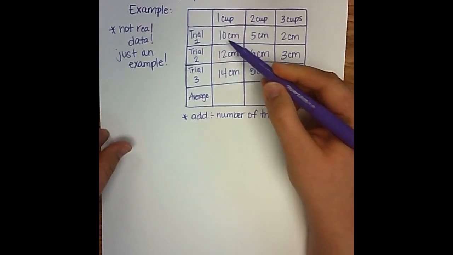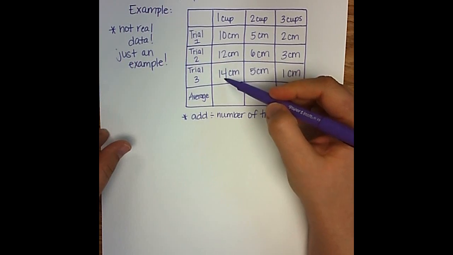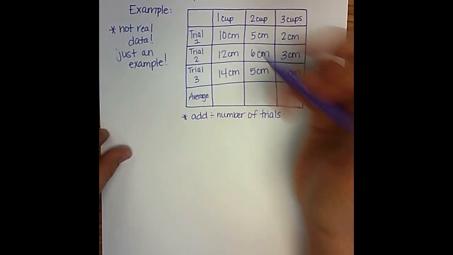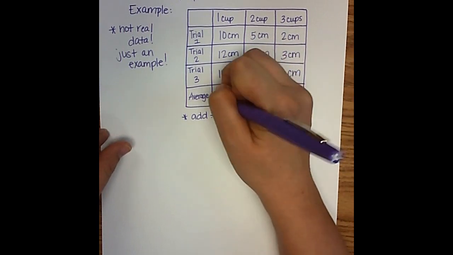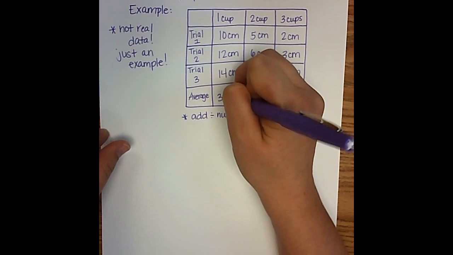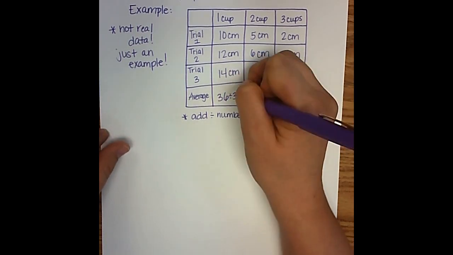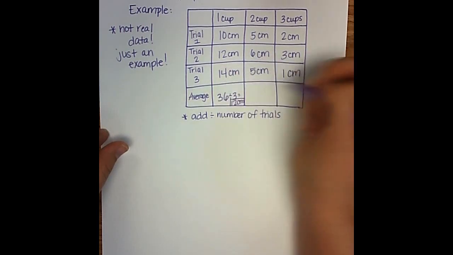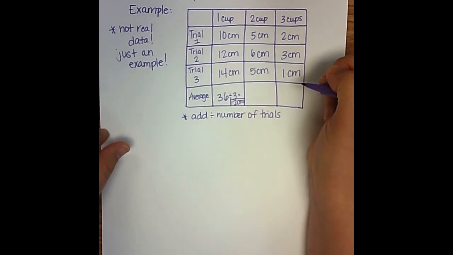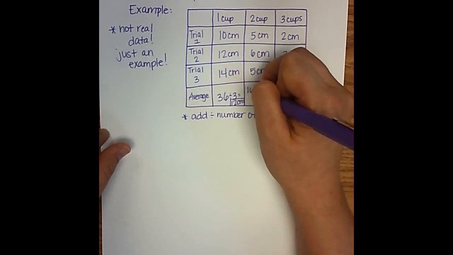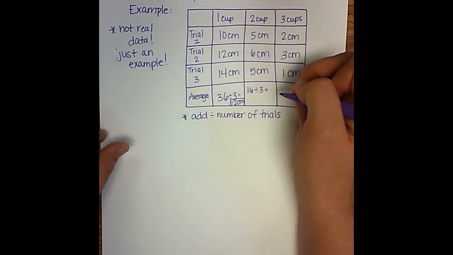So you would add 10, 12, and 14, and then divide that by 3. I'm writing this in here. 36 divided by 3 is 12. So my average is 12. Okay, so 16 divided by 3.